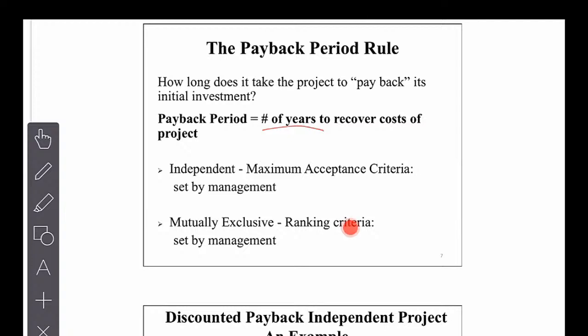You would rank them, and determine which ones pay back sooner, and you'd go for that. You'd approve that project, or convince investors or your superiors about that project with the quickest return in terms of years.